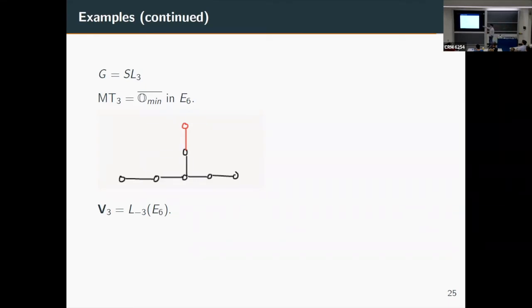So -3 is a critical level of SL3. And in general, neither of these has a simple description, and these are a completely new family of symplectic varieties and vertex operator algebras.